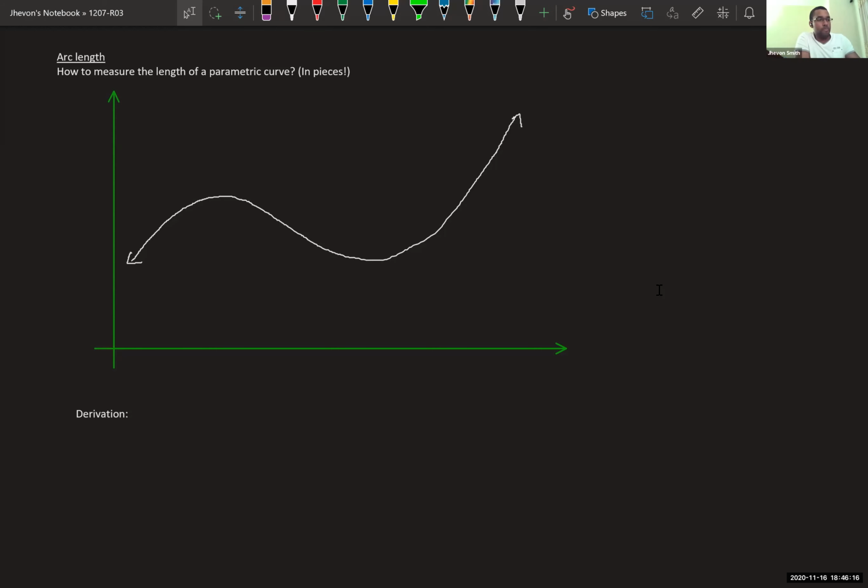So in other words, yes, I see a curve here, but I can really think of it as just being a combination of straight lines. But you're like, well, none of the edges are straight. Well, that's where the calculus comes in, because now you think in terms of Riemann sums and things of that sort, and then your delta x going to 0 and so on. Essentially a curve is like an infinite combination of straight lines.